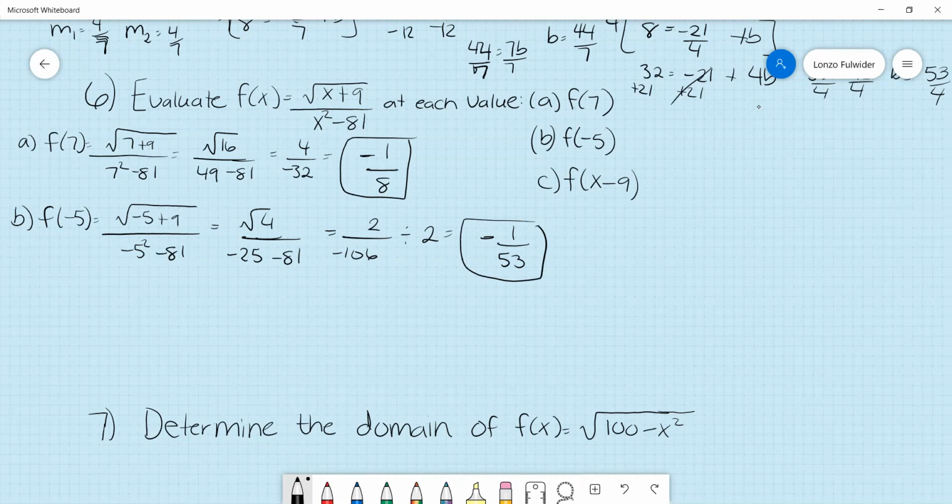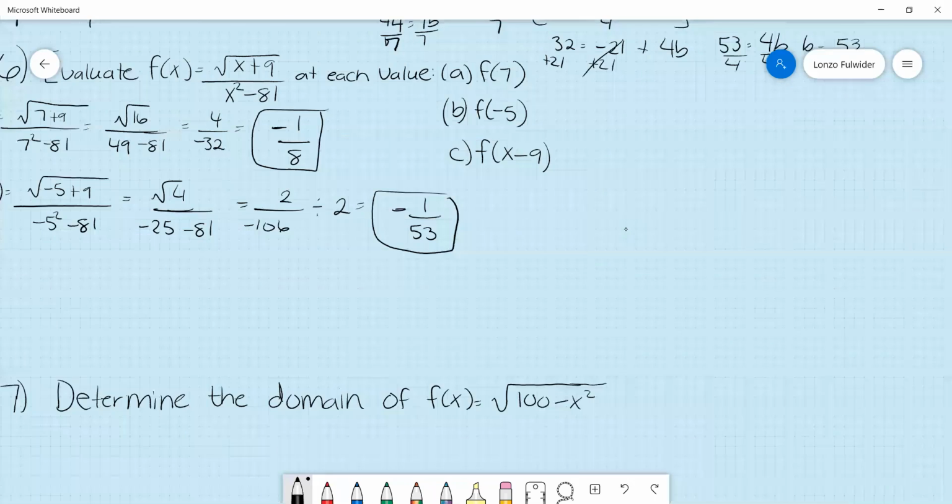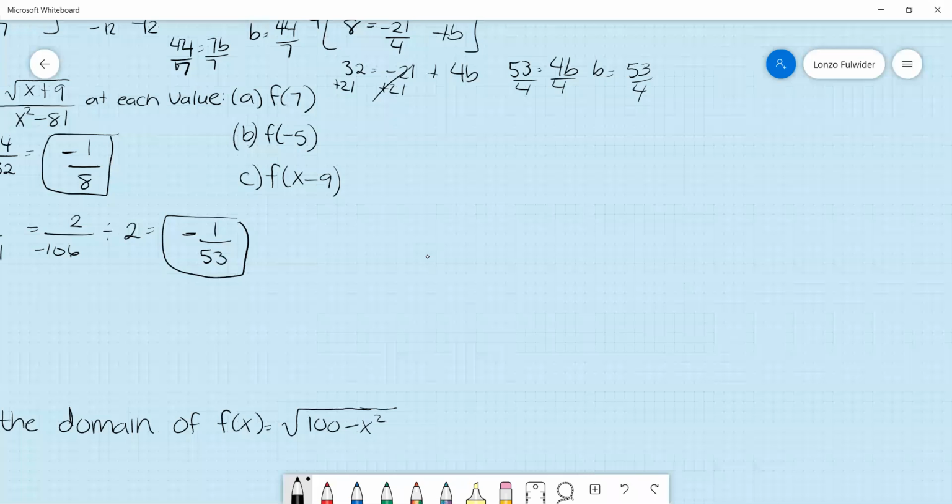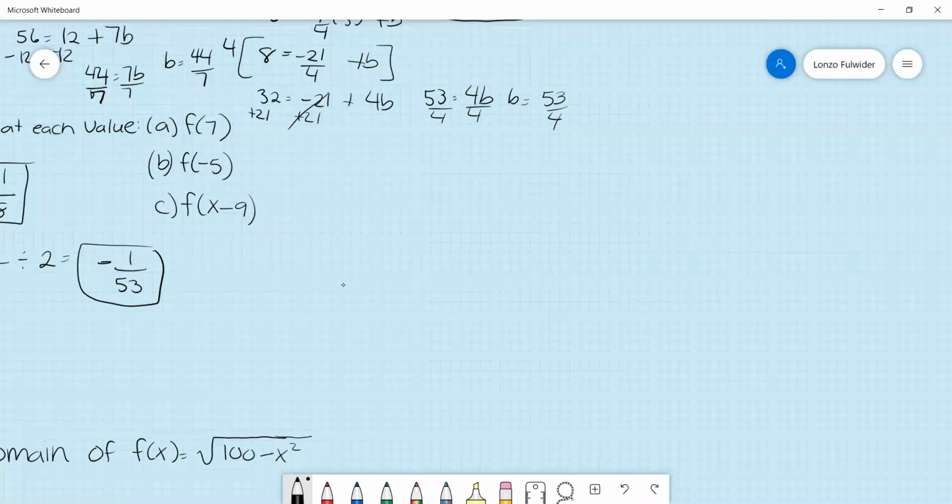Now let's do C. I'll put it right here because I don't have much space. So we have to find f of x minus 9.